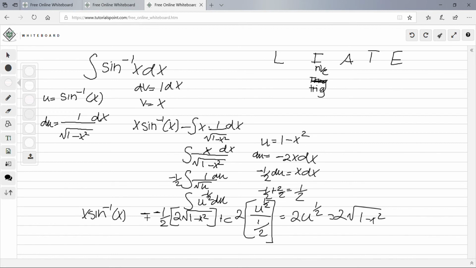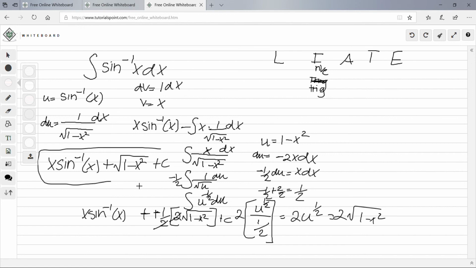So let's look, 2 negatives becomes positive, and then let's get rid of this 2 because the 2 cancels. So our final answer should be x times sine inverse of x plus square root of 1 minus x squared plus c. So yeah, this one we had to use substitution twice.